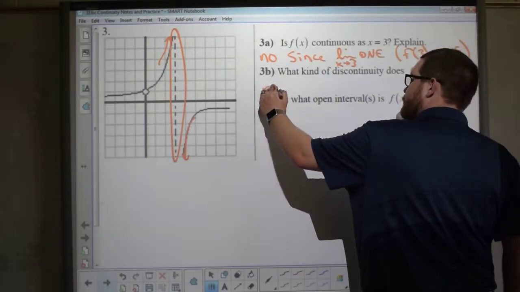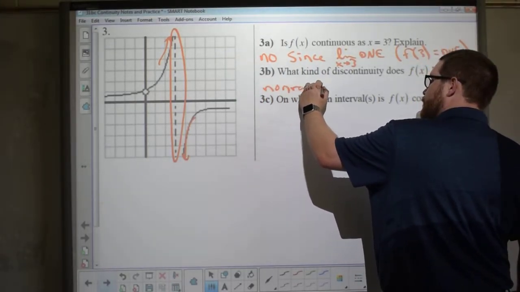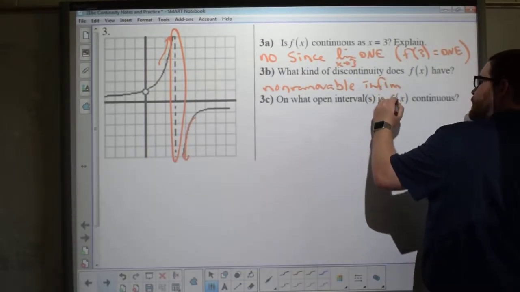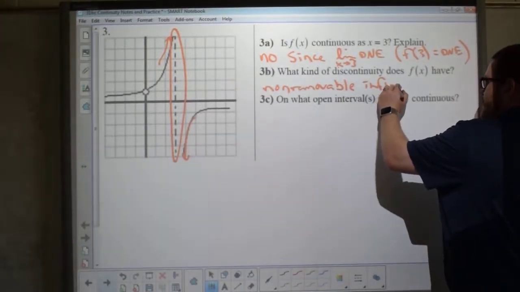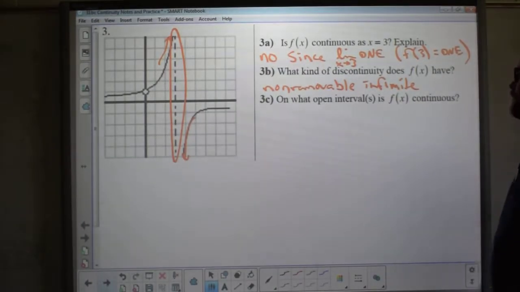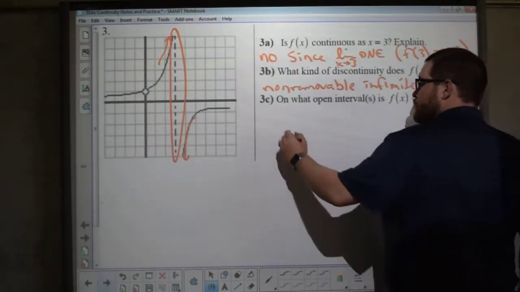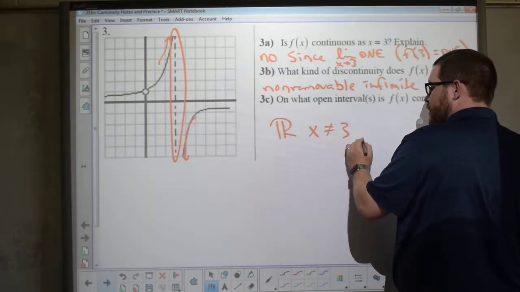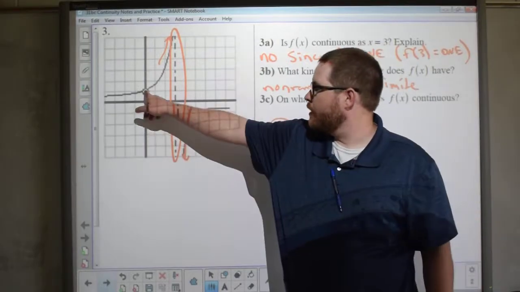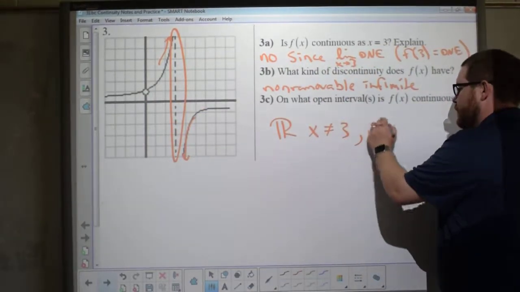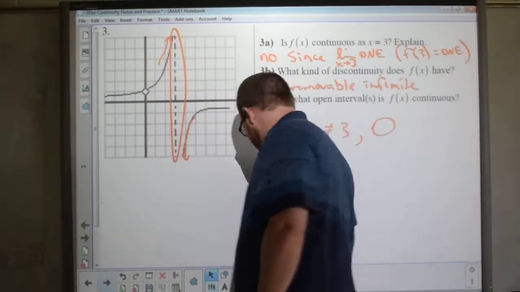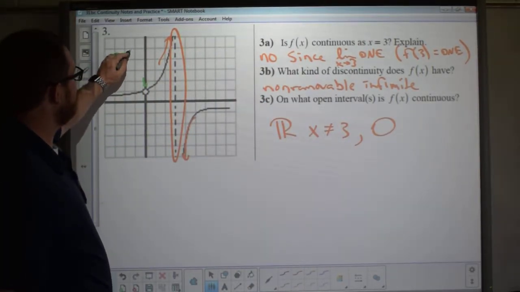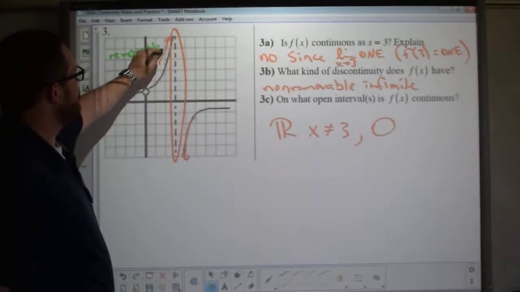Well, it's non-removable. It's a non-removable infinite discontinuity. Infinite. Where is it continuous? Well, it's continuous everywhere except that discontinuity we just talked about. There's another discontinuity right there, which is x equals 0. It didn't ask, but I'm going to answer the question anyways. This is a removable discontinuity, which means it's a hole.